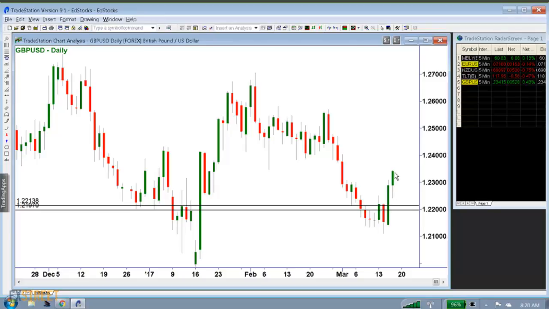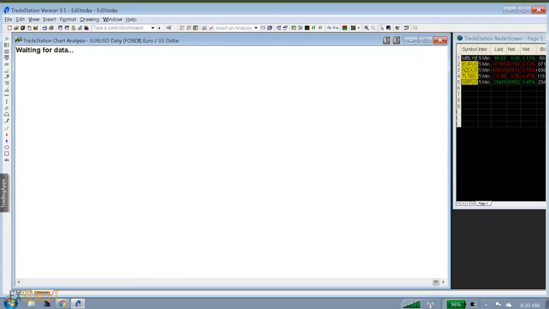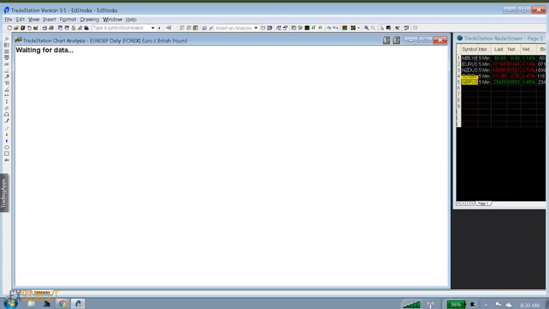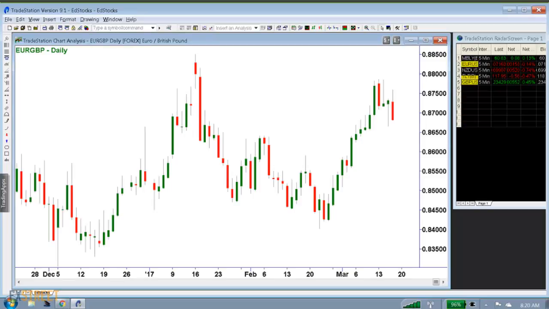So we can't short it against the dollar. What about against the euro? The euro is also strong. Euro pound coming on up here. Excuse me for 1 second.